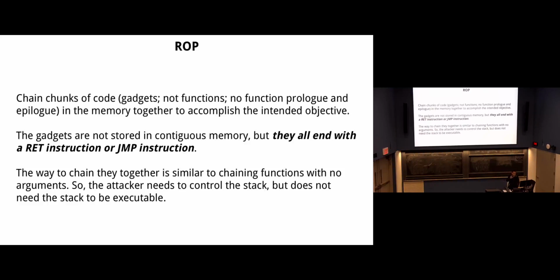That is why it's called return-oriented programming. In jump-oriented programming, they always end with a jump instruction. In call-oriented programming, they always end with a call instruction. But those instructions all do indirect control flow transfer. In this class, we only talk about return-oriented programming. We do not talk about the others, but the ideas will be similar.